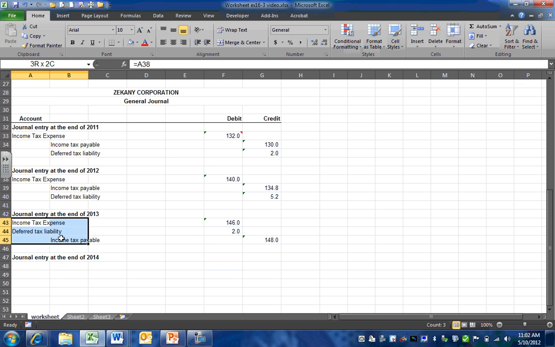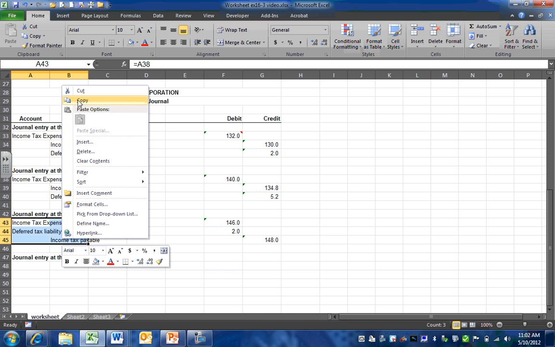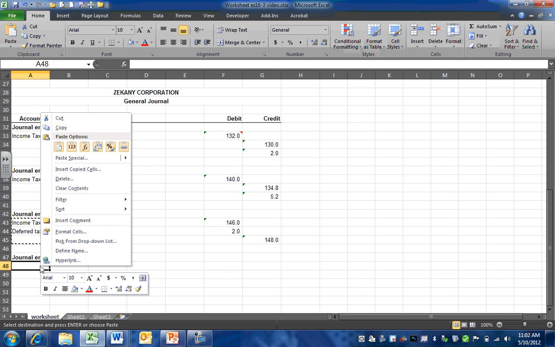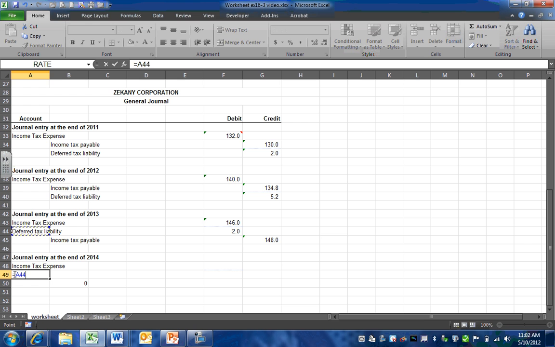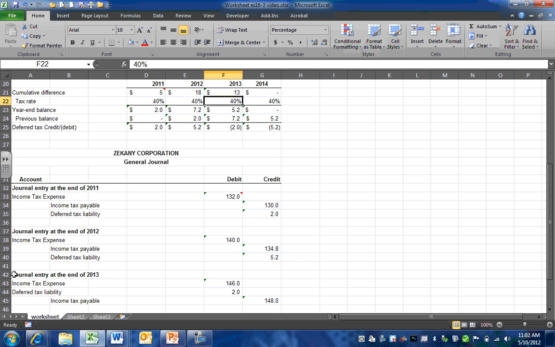For 2014, our account setups will be the same. Debits to income tax expense and deferred tax liability, a credit to income tax payable. And for 2014, we need a debit of 5.2 million.